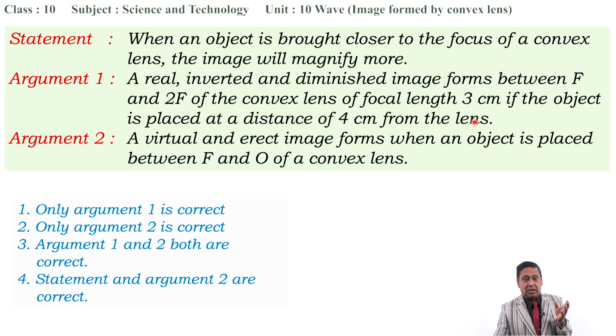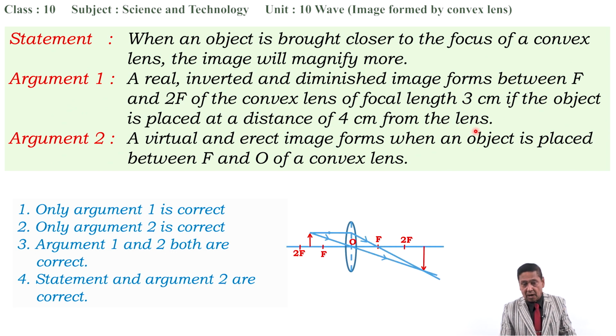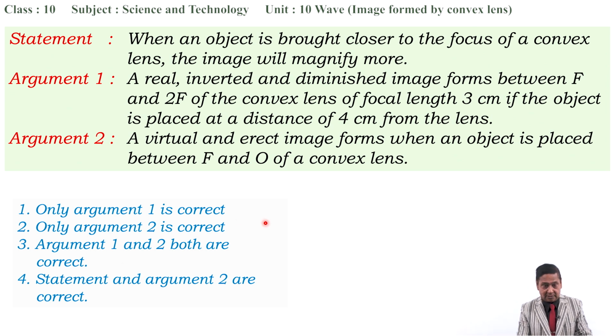It means we can compare it with between f and 2f. Yes, between f and 2f. Now what type of image forms? Real? Yes, real. Inverted? Yes, inverted. And diminished image? No, not diminished, it is magnified, isn't it? That's why argument 1 is incorrect, so this option is incorrect. Now I want to cancel this option.